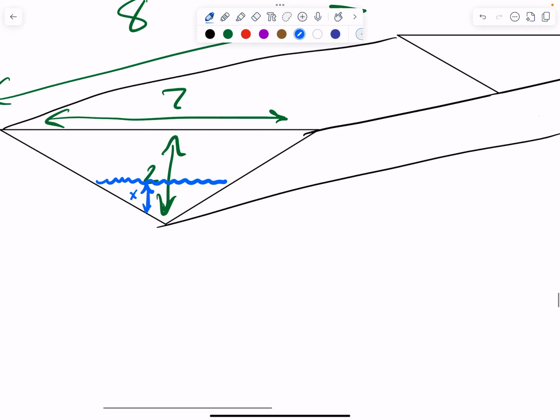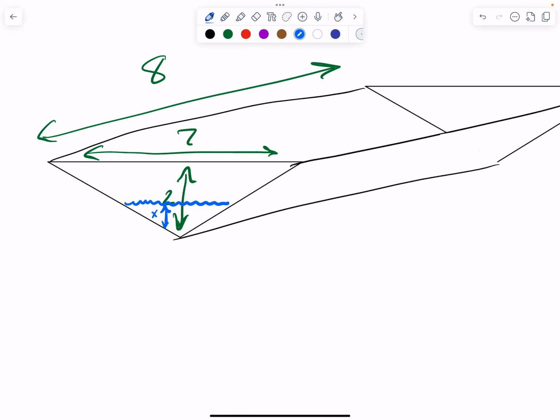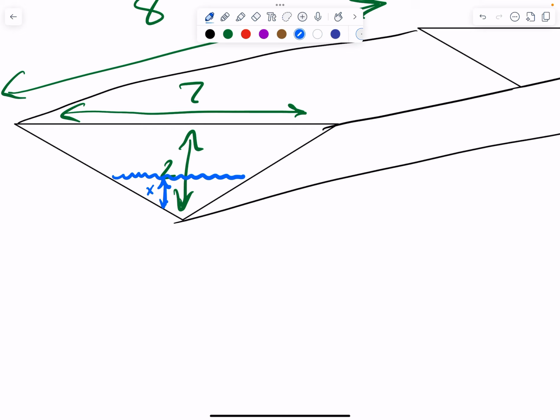And so I need to be able to figure out how to compute the volume in terms of x. Now notice that this triangle that is made with the water, the blue triangle, is similar to the black triangle. That black triangle is 7 feet across and 2 feet tall.